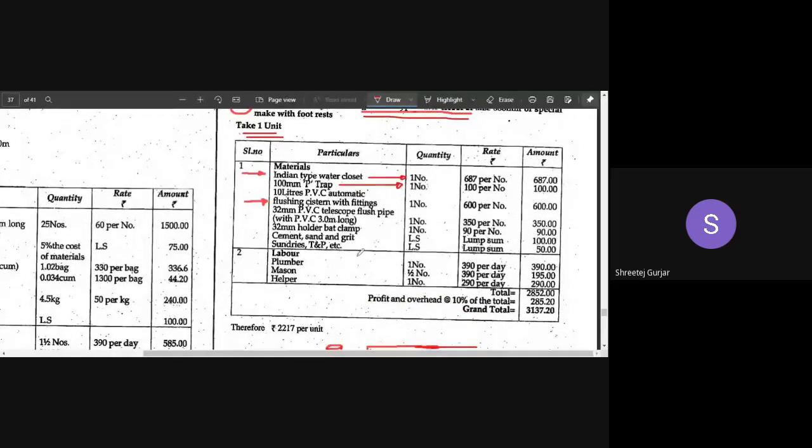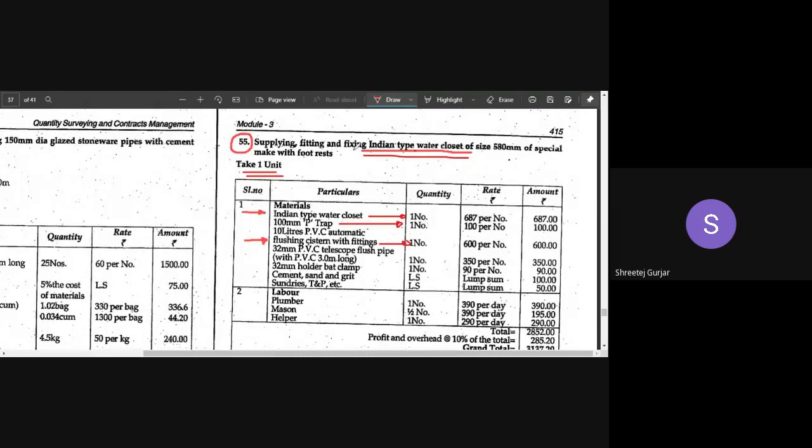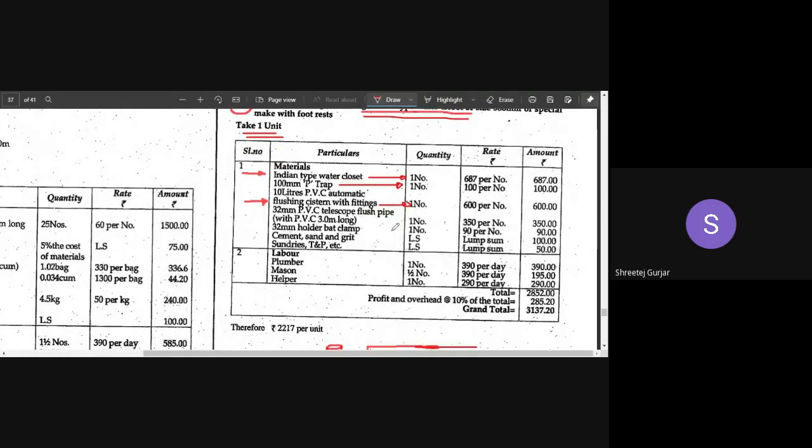Then some fixtures we require. We require one flushing system, along with fittings, one number. Then we require various other things for fixing and fitting your Indian type water closet. All those things are included over here, and then the rate per item is multiplied to get the amount.